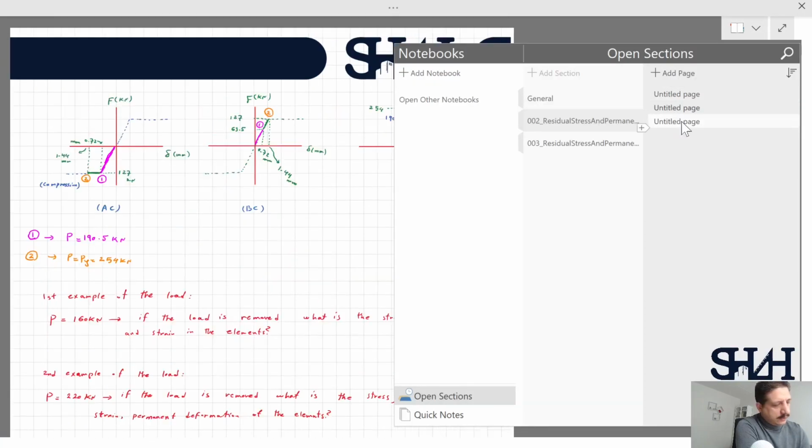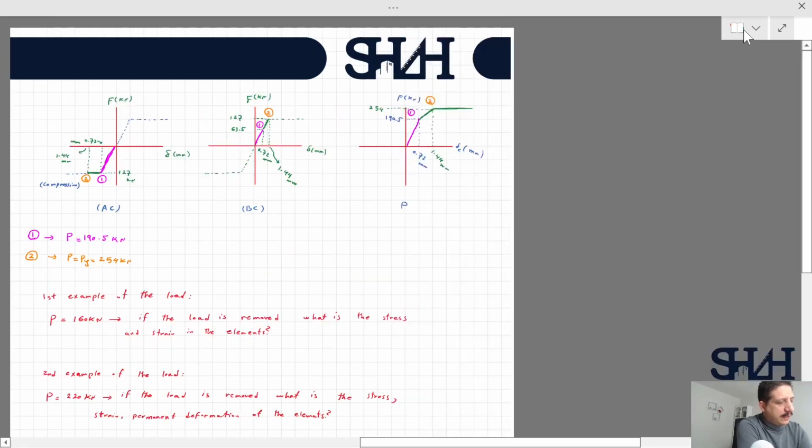We can recall the maximum force that can be applied to this system. It was 254 kilonewton in maximum, of which 127 kilonewton is the yielding of each rod.